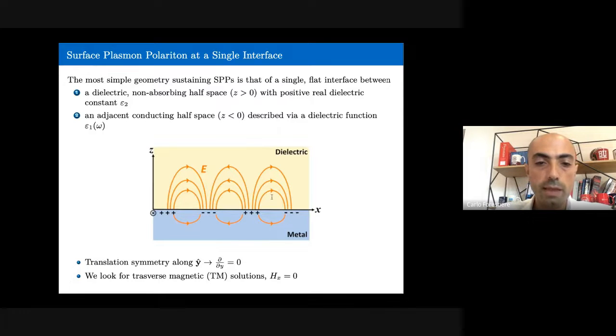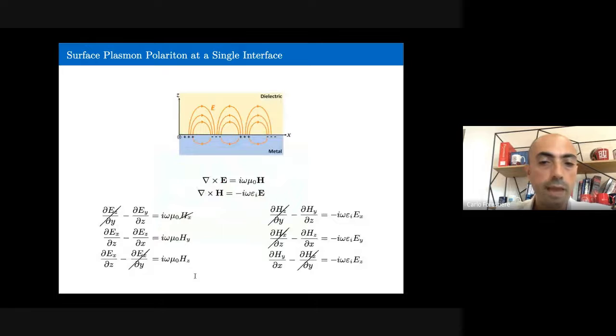In this case, we have to solve Maxwell's equations to find a non-trivial solution. In particular, we look for a transverse magnetic solution of the full-wave Maxwell's equations. We write down Maxwell's equations in both media, and assuming that the magnetic field is transverse, so TM, we can simplify these equations.